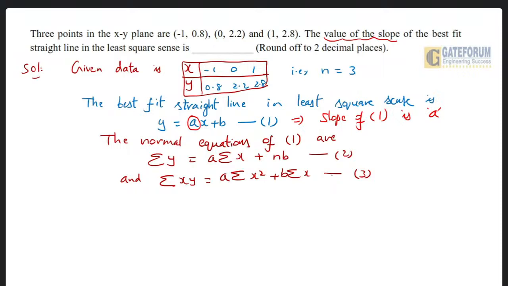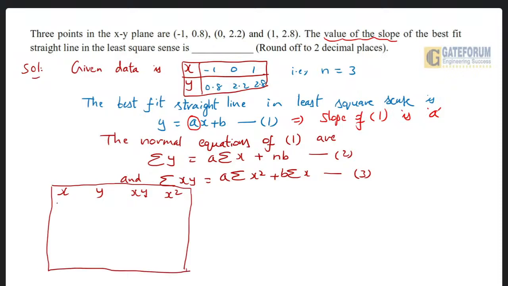now look at the data. X, y, we have to find product x into y and x square. Now this data, x values -1, 0, 1.